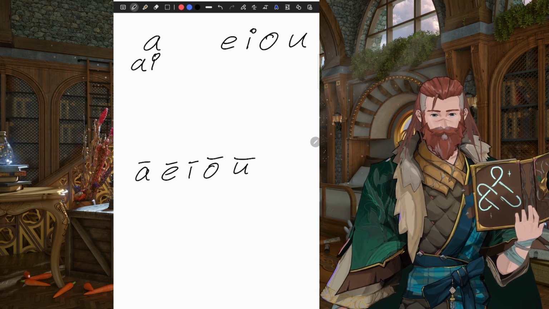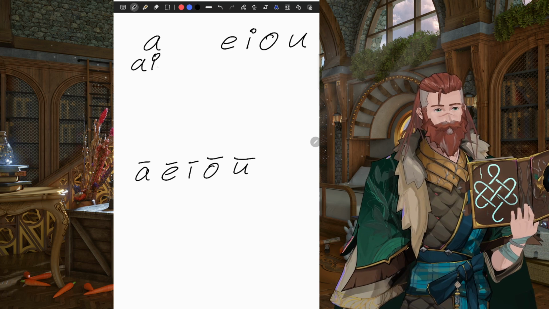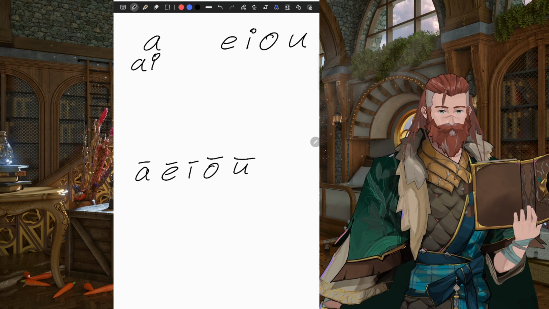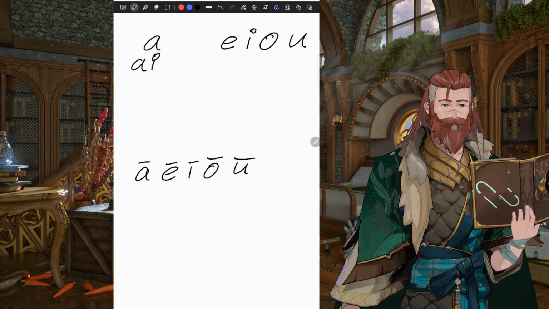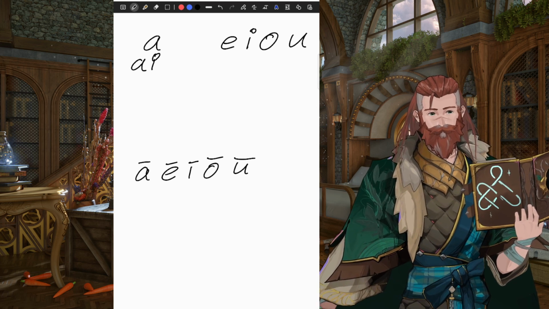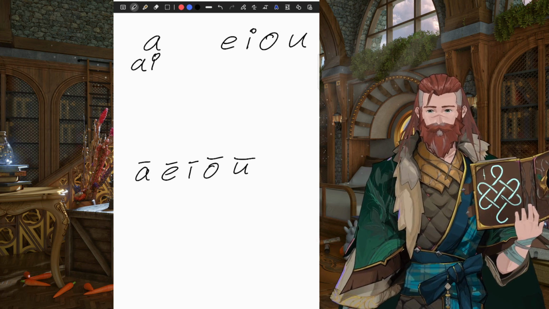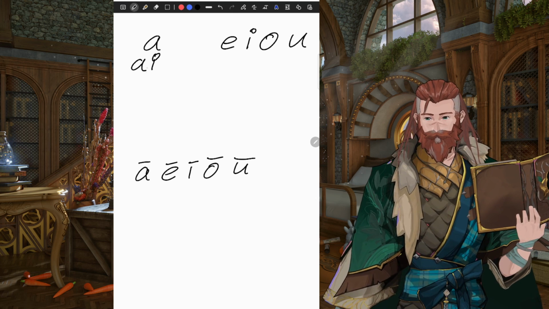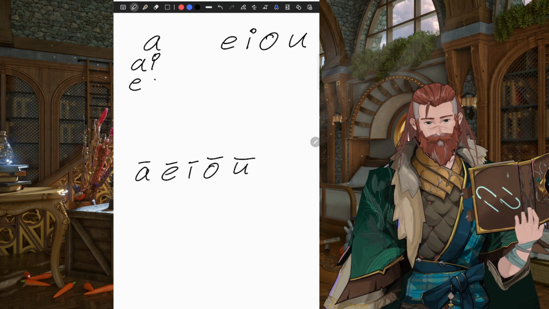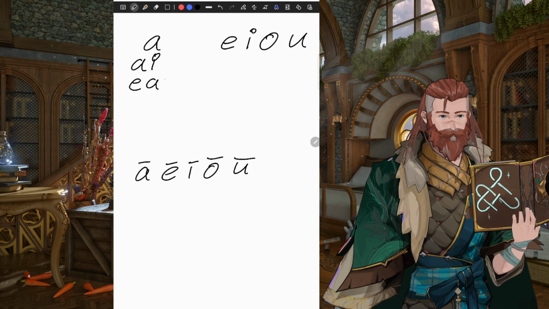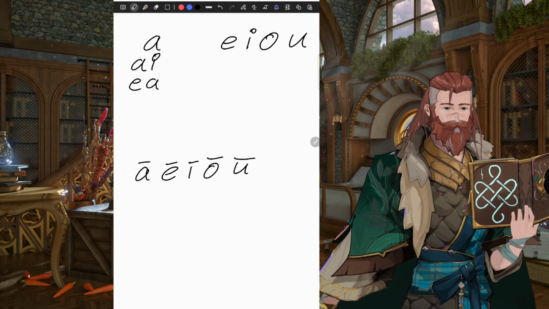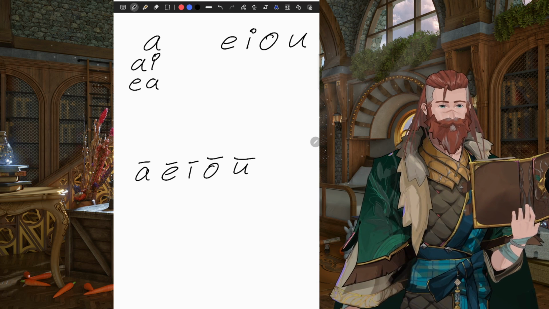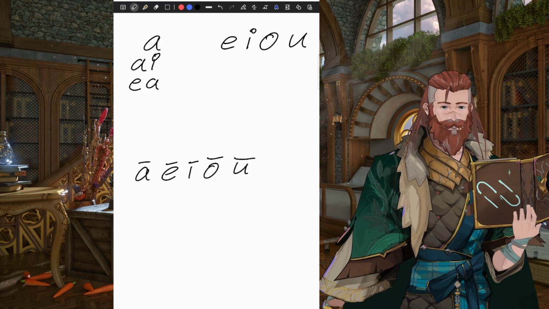In this context, the I is only used to inform the pronunciation of the consonant next to it. You only pronounce the A. Same with EA. Again, you don't worry about the E, only worry about the A.